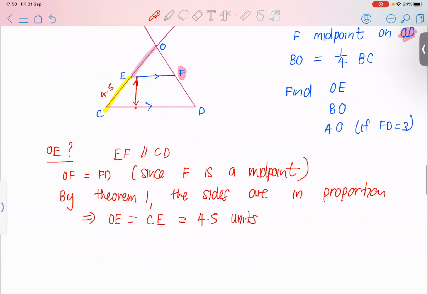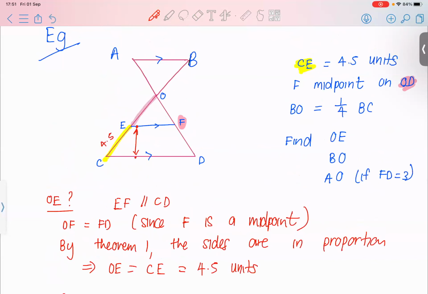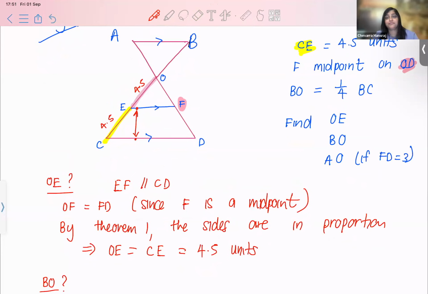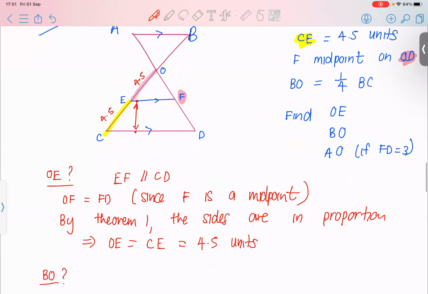All right, let's quickly talk about BO. Now I need to solve for BO. Let's take a look at it and you can tell me if you have any ideas on how we can proceed. Okay, I'll also label this as 4.5 units because that's what we now know. BO, I need BO. What shall we do? We can use the ratio. Let's use the ratio.